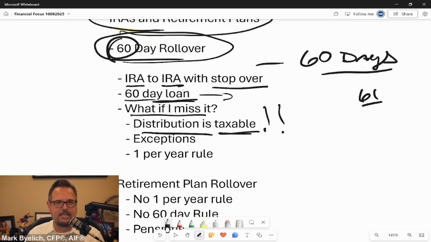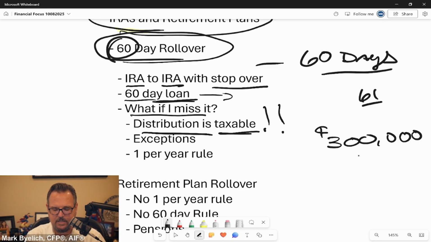Well, if I miss it, then that whole thing is taxable. So that $300,000, for example, now I pay tax on. So this all becomes taxable income in the year that it was done, and it's taxed as ordinary income, just like I earned it. So could that mess up your tax planning for the year? Well, it sure could. Absolutely could do that. So you want to pay attention to that.